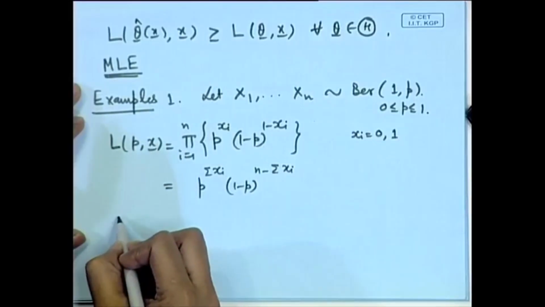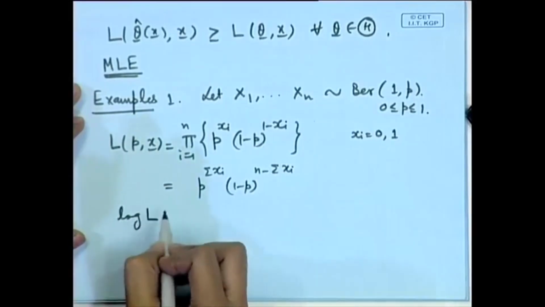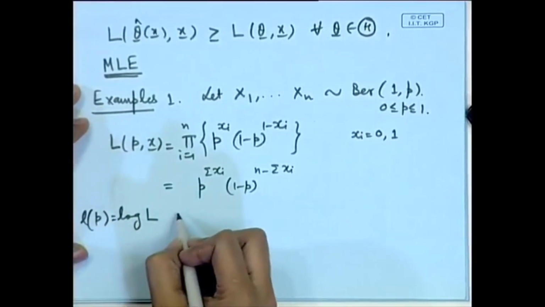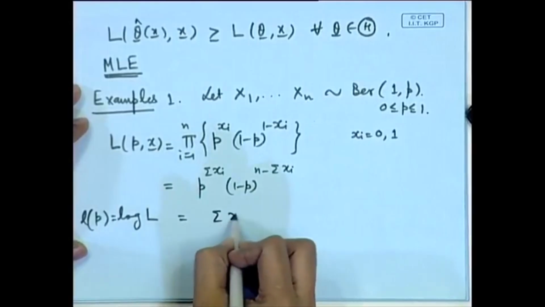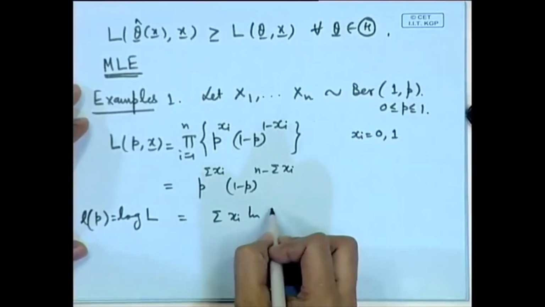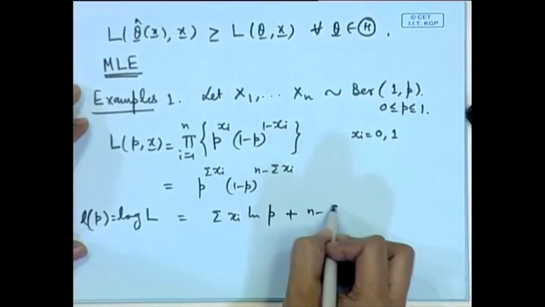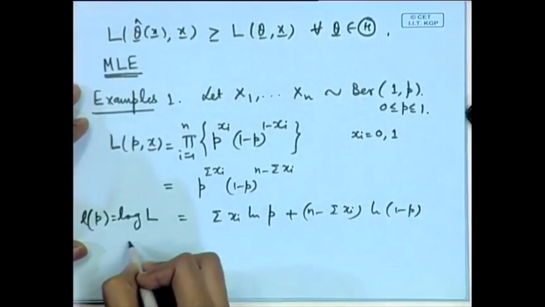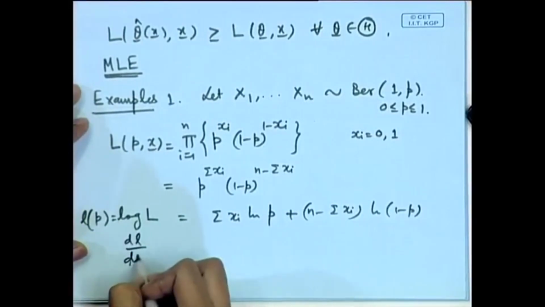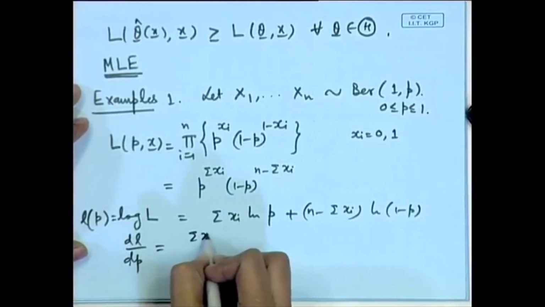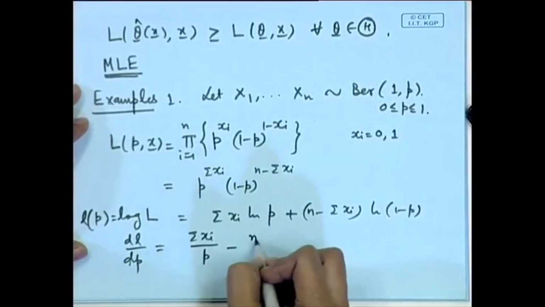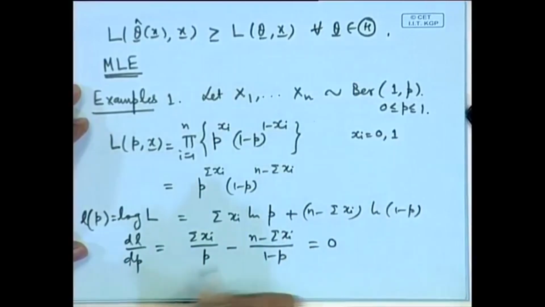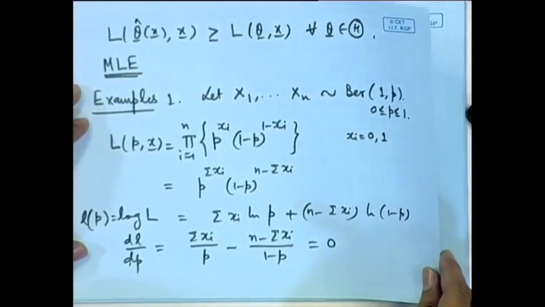We can consider the log of L, which I call small l(p), equal to sigma xi log p plus (n minus sigma xi) log(1 minus p). So, dl/dp is equal to sigma xi by p minus (n minus sigma xi) by (1 minus p), equal to 0.